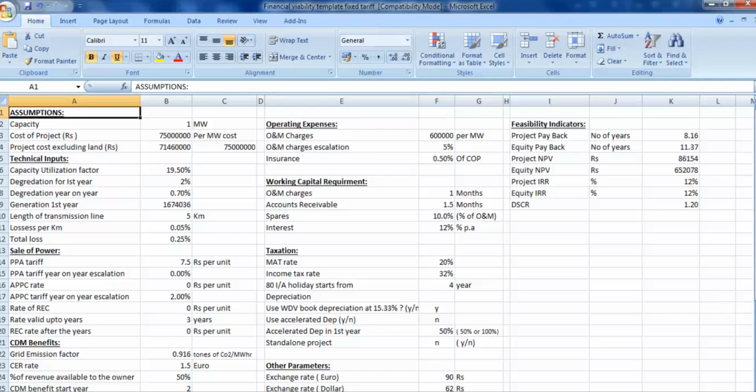Now we talk about changing the commissioning date. If you want to commission before September, then what are the advantages?